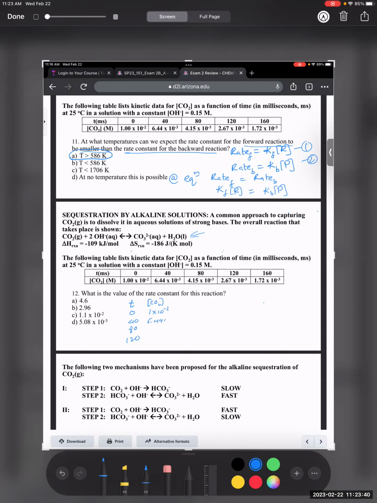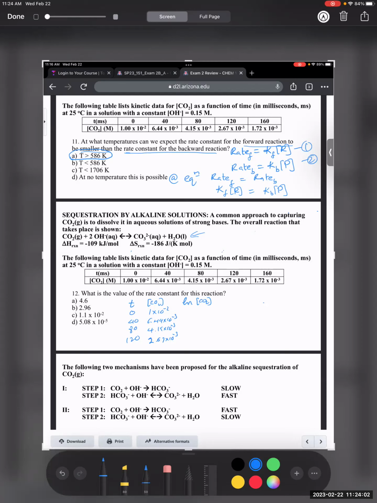6.4 times 10 to the power of minus 3, and 4.15 times 10 to the power of minus 3, and then 2.67 times 10 to the power of minus 3, and so forth. And then make your list 3 the natural log of concentration. I don't know the values, we have to calculate that.